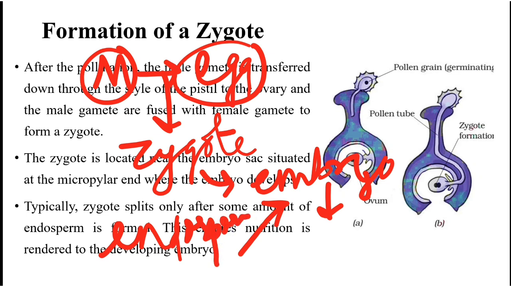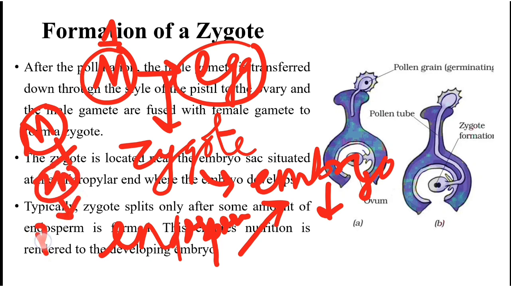So from where will this endosperm form? One male nucleus will fuse with the egg, another male nucleus will fuse with the secondary nucleus to form the primary endosperm nucleus. From the primary endosperm nucleus, endosperm will be formed. This endosperm is triploid in nature.